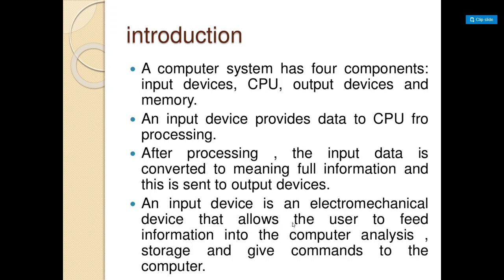So we'll see in this unit how the input devices provide data to the CPU for processing, and after processing, how the input data is converted into meaningful information and sent to the output devices, and how this input device, which is an electromechanical device, allows the user to feed information to the computer for analysis, storage, and how it gives commands to the system.